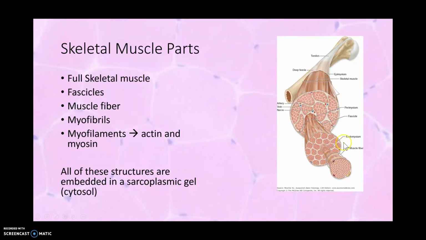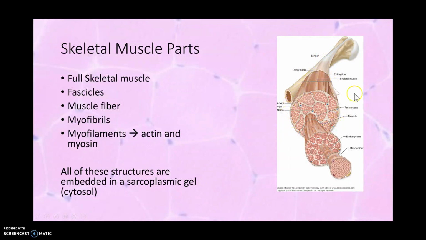Here is a fascicle of muscle fibers that is wrapped in perimysium. It's also another layer of connective tissue. And then the epimysium wraps around the entire muscle. So for example, it's consistent with a tendon for the most part.